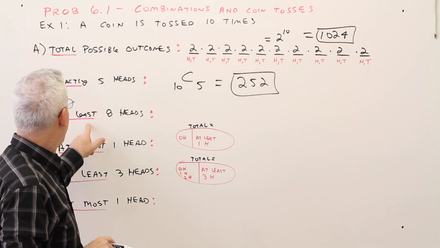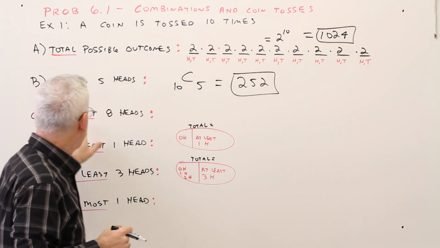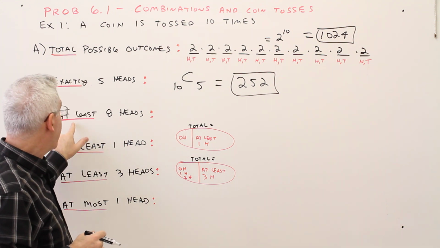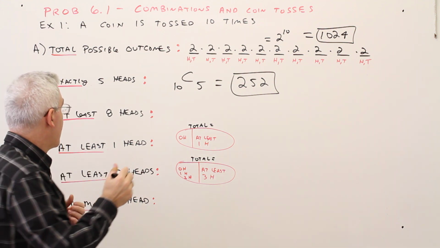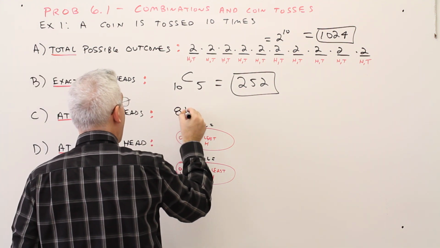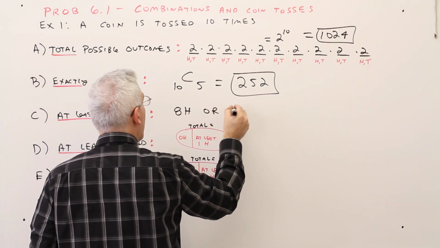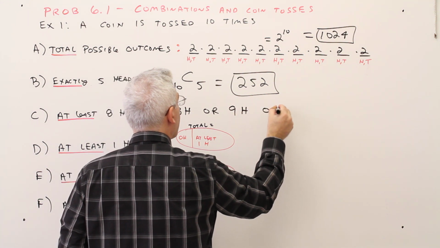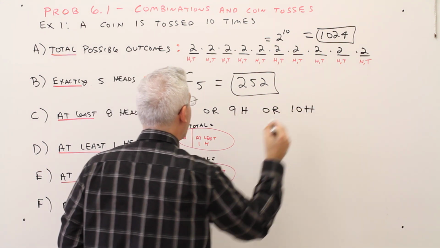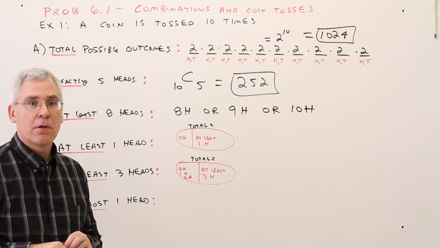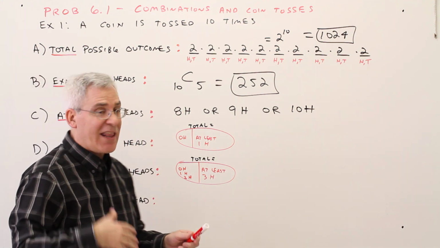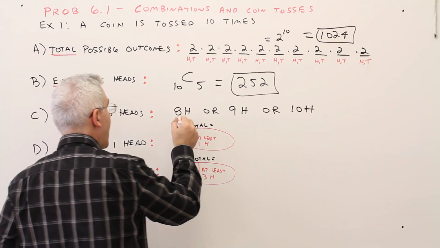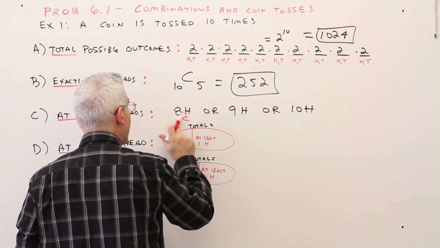Part C, at least 8 heads. I underlined some of the important words here. At least 8 heads means we could have 8 heads, or 9 heads, or 10 heads. I'm going to use the same principle over here. To get exactly 8 heads would be 10 choose 8.